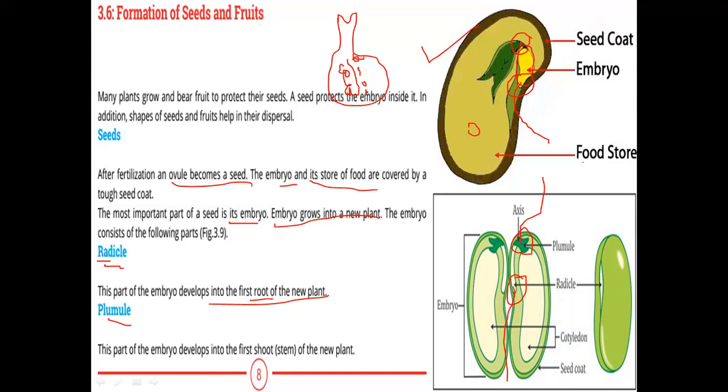These two are cotyledons. As we have seen before, these are the stored food, and this is the seed coat. You can do an experiment. You soak these seeds in water for just 2-3 days, and you break them apart, so you see all these structures in the seed.